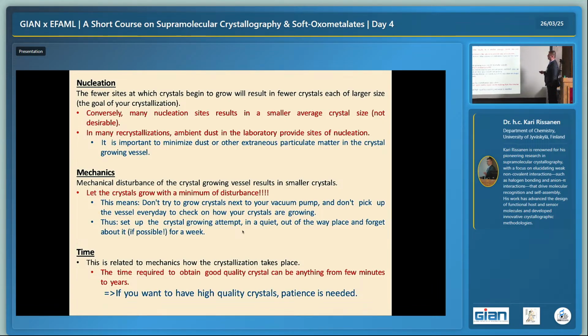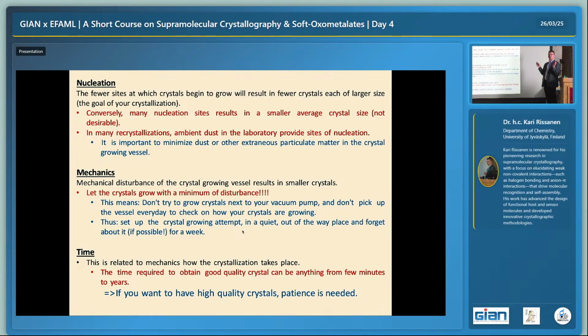And the idea is that in crystallization, sometimes if there is, for example, dust in the air, and this dust penetrates the solution in the technique we are using, that might act as a nucleation site. So it might grow a nice thing. The dust is so small it doesn't interfere with anything, but the crystals grow on it, because then maybe there is one dust particle and then 10 to the power of 8 molecules.